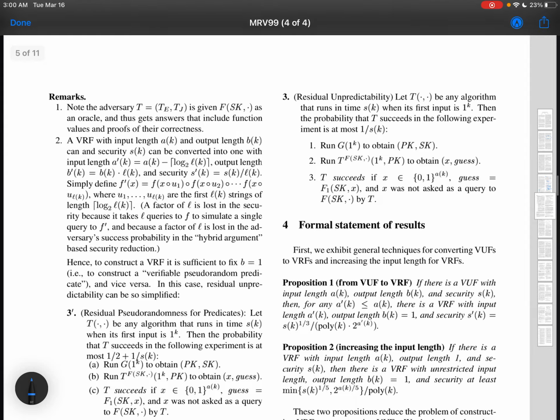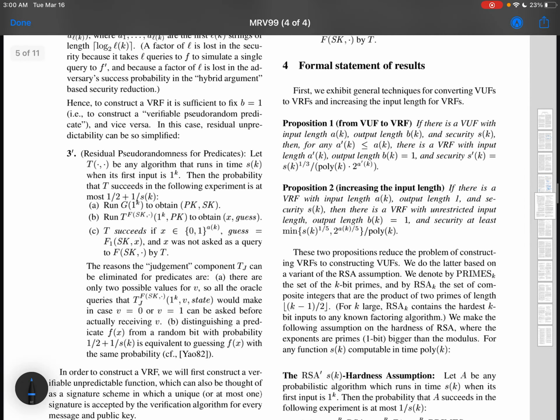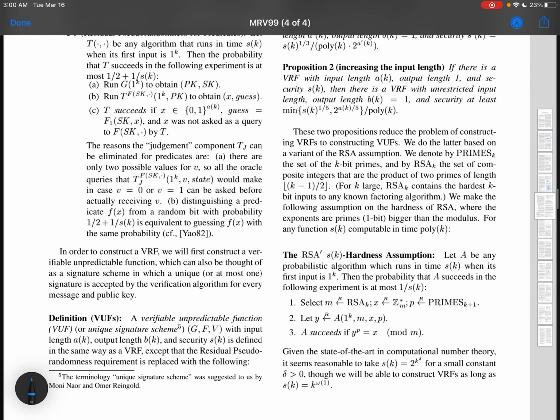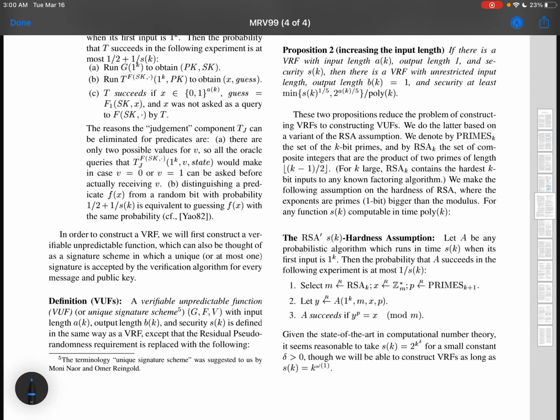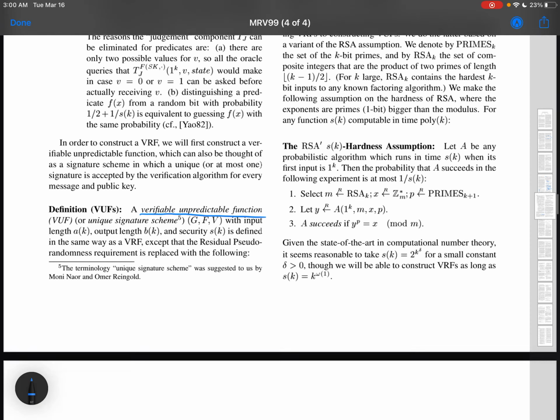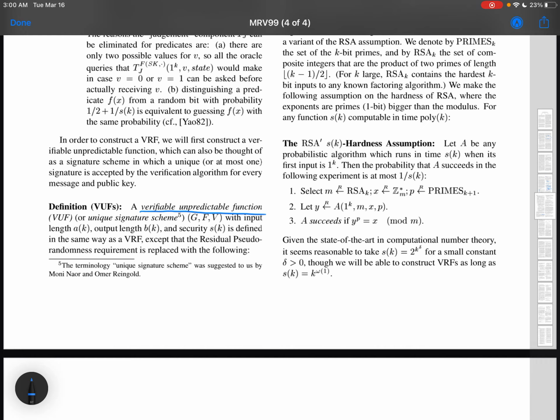Moving on, let's talk about how the main statement was proved. So actually, first, the authors construct a similar object called a verifiable unpredictable function. And the reason they do this is because this is used as an intermediate step in their proof.